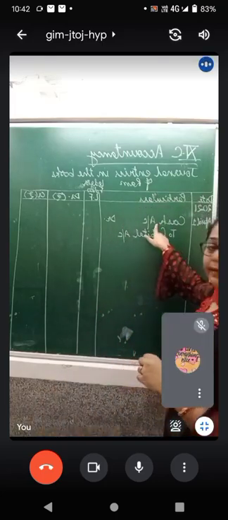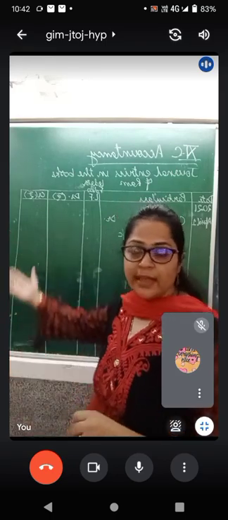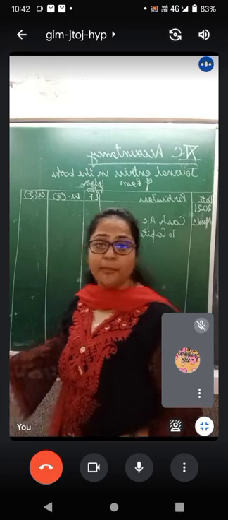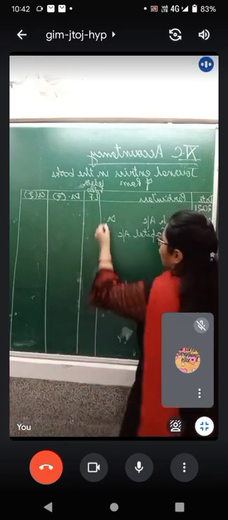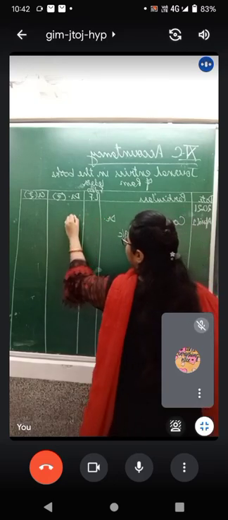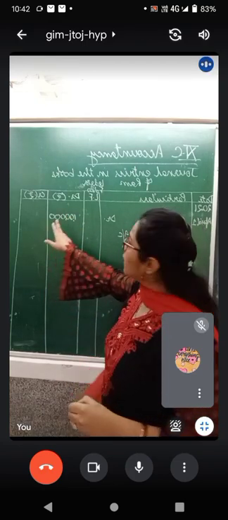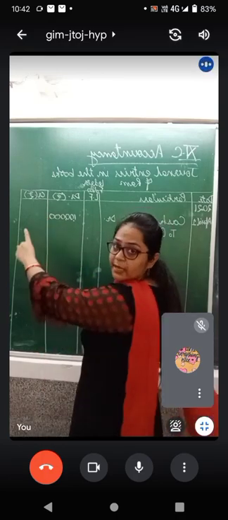Now you see, debit and credit, the amount has to be the same, because yesterday we discussed that at the end of journal entries, when we do the totaling, the amount has to be the same. So for cash, because cash is debit, in the debit column, on the cash line we will write 1 lakh. You will put the exact number of zeros, and please make sure that there is no space left on the left side.